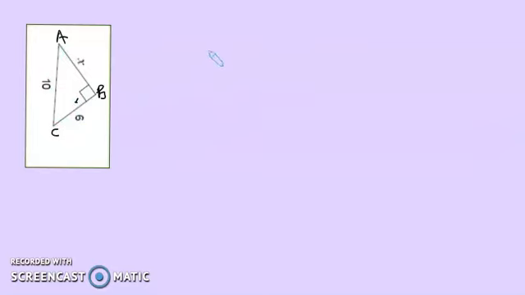Now as per Pythagoras theorem, hypotenuse square will be equal to the sum of squares of the other two sides. So other two sides here are x and 6. We are required to find x, the value of AB. Hypotenuse is given as 10.